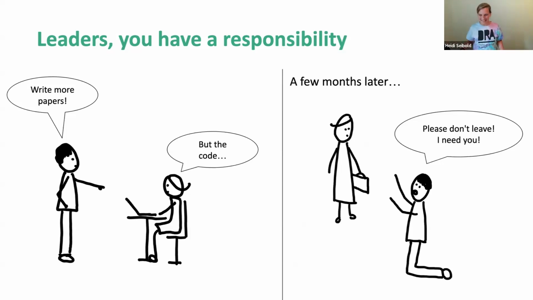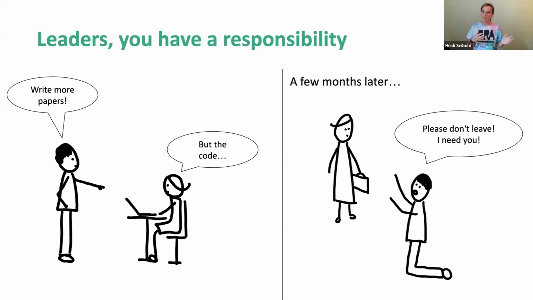Before I wrap up, I want to make a statement: when we talk and think about research software engineering, we really need to also talk about responsibilities and how we change the culture in science. Because at the moment, we have a culture where people who care about code are often told to focus on the papers.